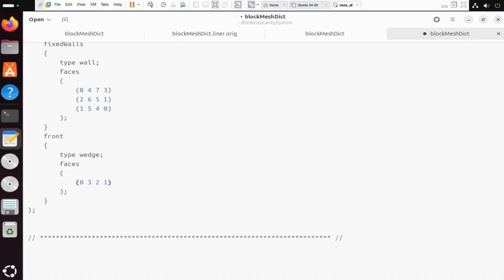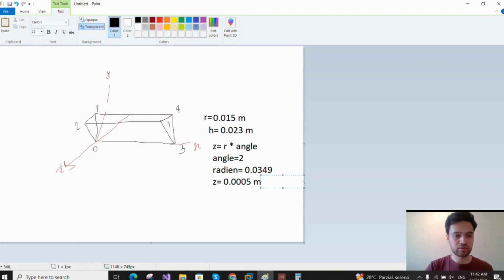Okay, what was the front face? It was 0, 1, 4, 3. I'm writing this with the painting that I have in front of me. So if I want to show you again, this is the face, the back face, the back surface. Then after that, I will write this for the front, back.